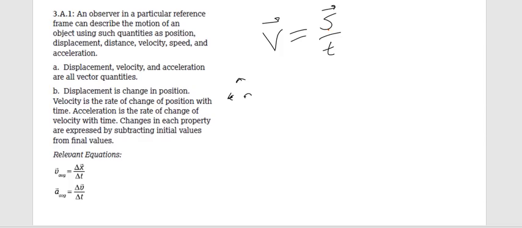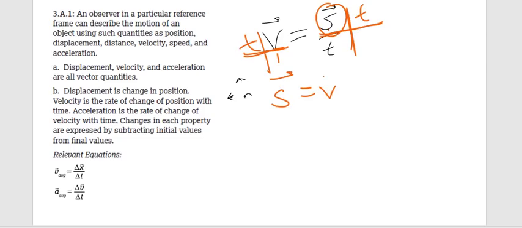Actually, what I want to do is solve this for displacement. So the way I would do that, it's like this, velocity over 1. This means divide, this means multiply. So if I want to solve this for S, for your displacement, I'm going to put the T on top, just multiply this by time. So therefore, displacement equals velocity times time.